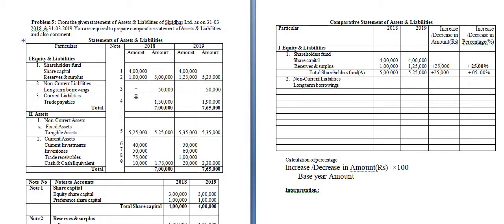So right here the amount of long-term borrowings is 50,000. Here also the amount will remain the same, 50,000, as there is no change. So put a dash.